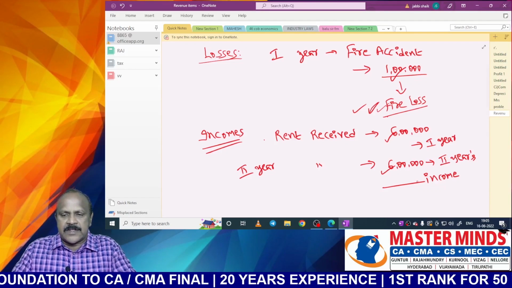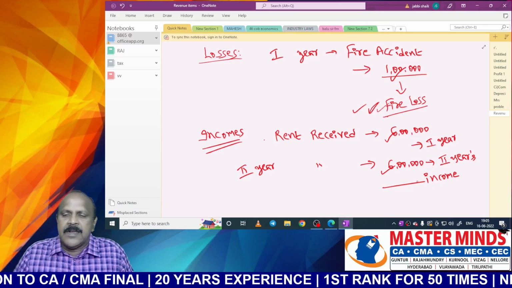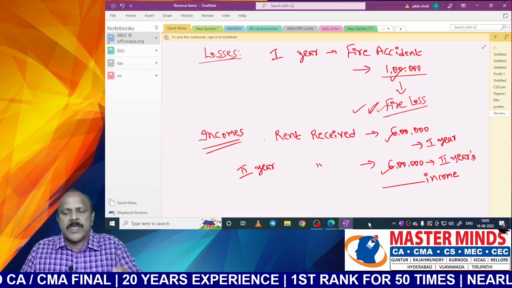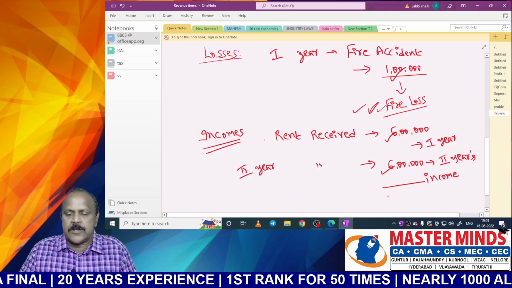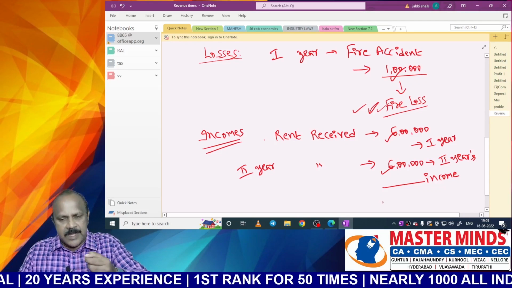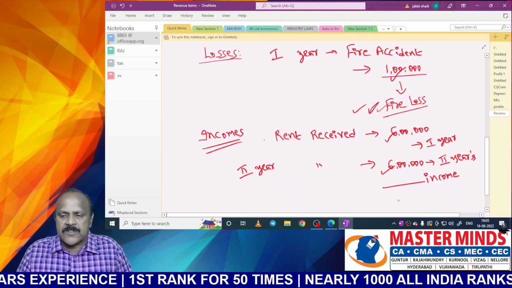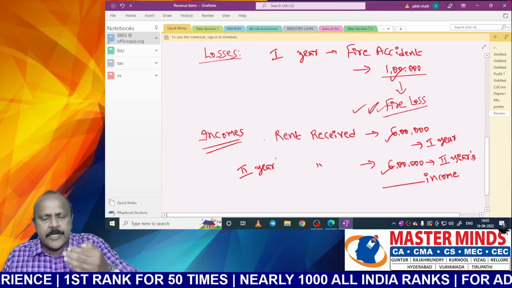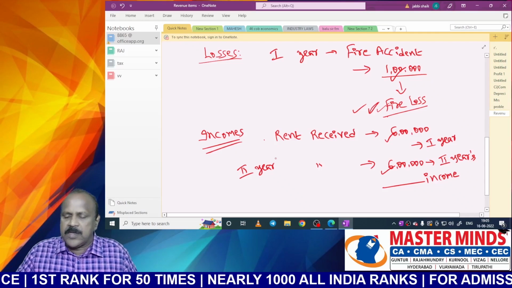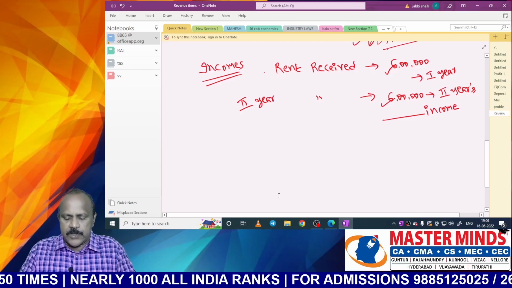When we are asked about the income of rent, our answer should be 6 lakhs for the first year, another 6 lakhs for the second year, but we should not answer in a cumulative way. That is, rent income is 12 lakhs, which is wrong, students, right? This way, all incomes are revenue, students.